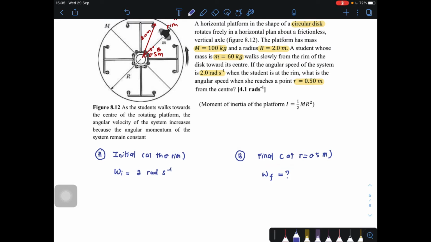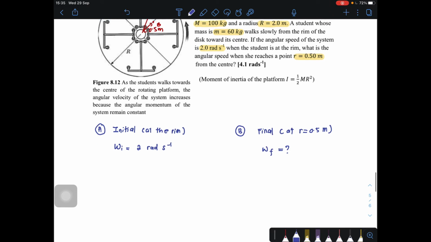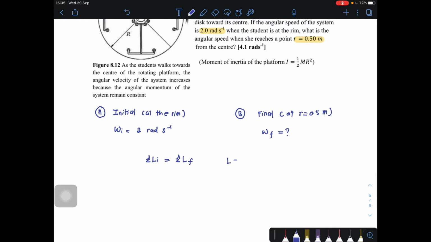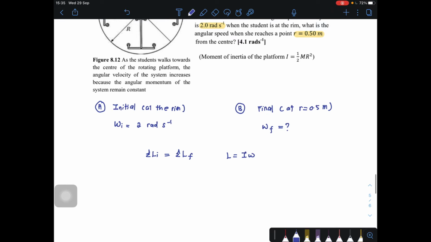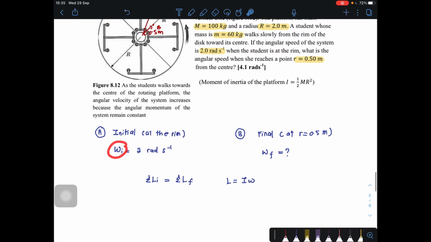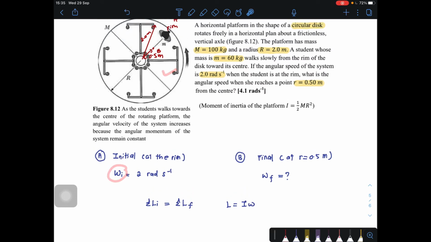Okay, first kita akan keluarkan formula untuk conservation of angular momentum, which is the sum of angular momentum initial equal to the sum of angular momentum final. Dan kita tahu angular momentum adalah sama dengan I omega. Okay, so initial dekat point ni, di mana kita akan ada angular momentum of the student and of the platform.